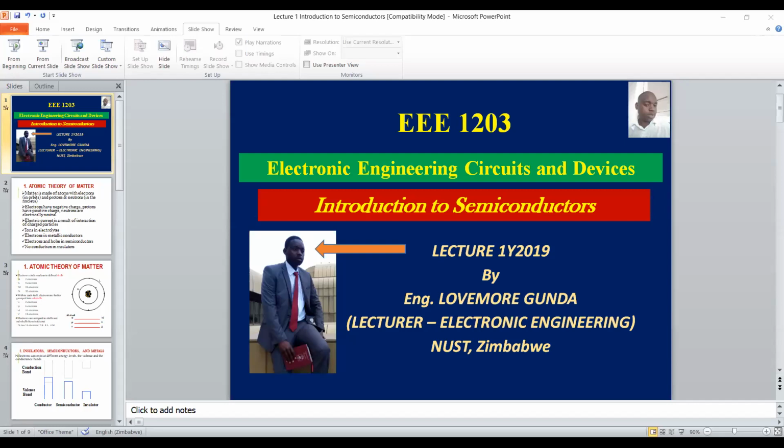So now we talk about electric current. Remember, we said current is the movement of charge per unit time. So when a certain amount of charge moves in a certain period of time, then we say there's a flow of current. So electric current is a result of the interaction of charged particles, right?